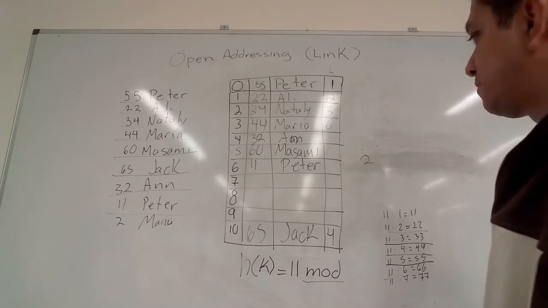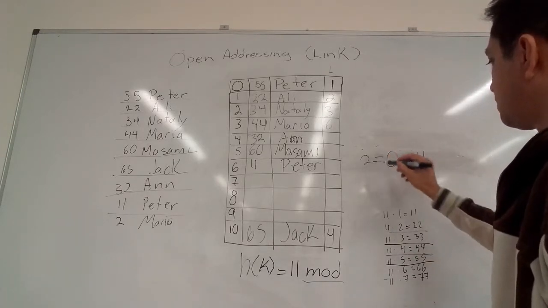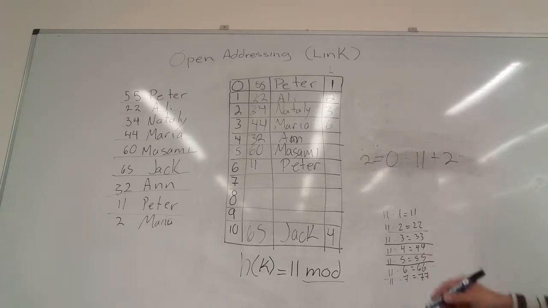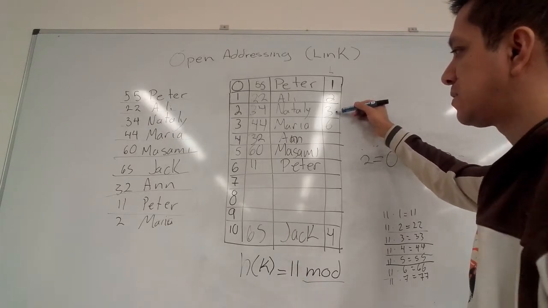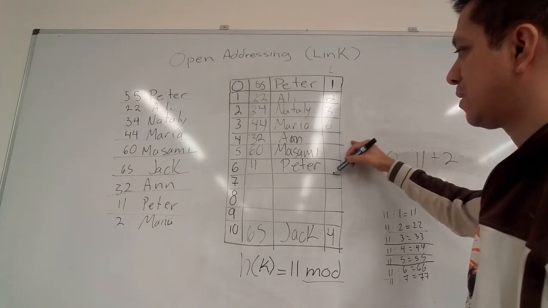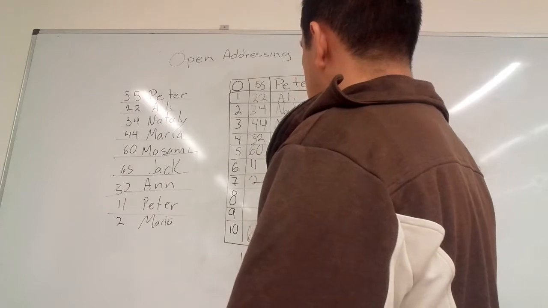Let's finish with the last one, with the number 2. In the number 2, we can place 11 multiplied by 0, which equals 0, plus 2. In place number 2, there's no room space. So let's pass to the next, the next, the next. And here the number 7 corresponds to 2, which is Maria.